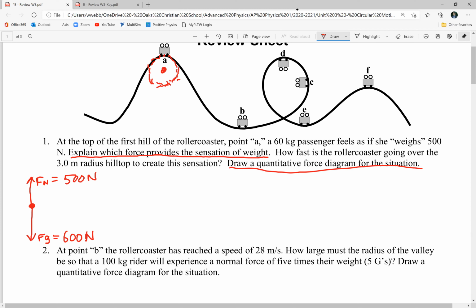There's the center, which means the net force is down to the center of the circle, and that also means the acceleration is down to the center of the circle. All right, does anybody have any suggestions on how to get started? Maybe not how to solve the whole problem, but what could we do to get started here?